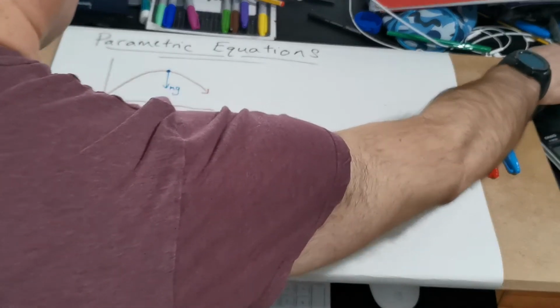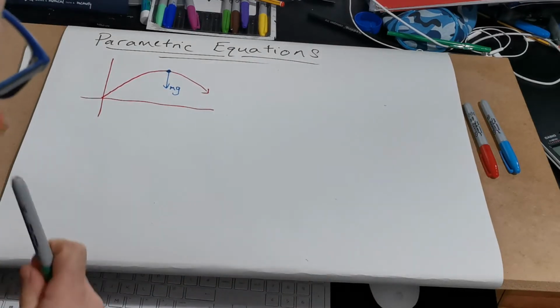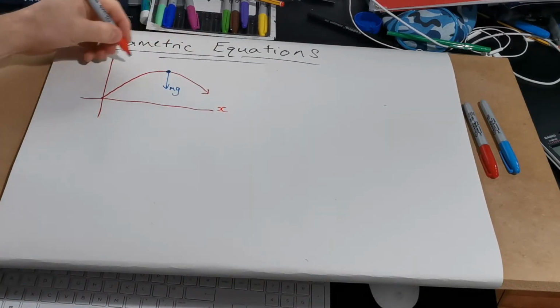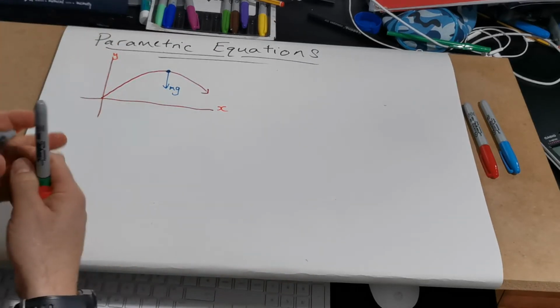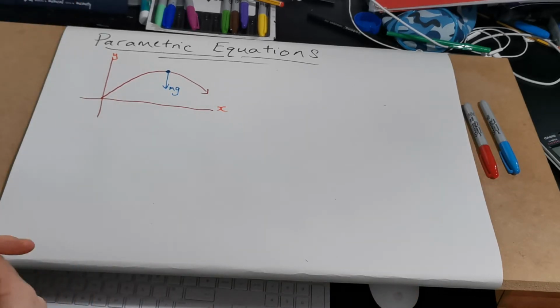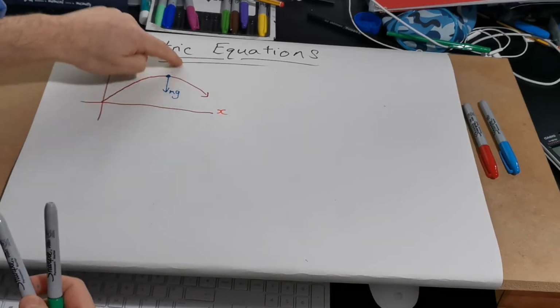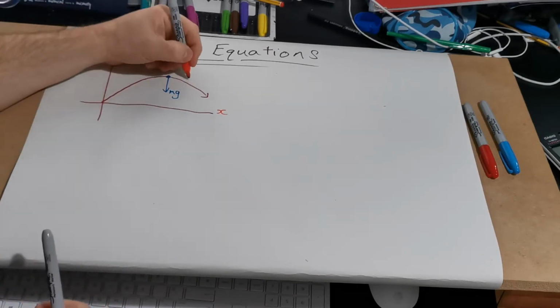And that allows us to think about its position in a unique way. Because actually, if we separate its position in the X and its position in the Y, we can then work with the force only acting in the Y, so there'll only be an acceleration in the Y direction.